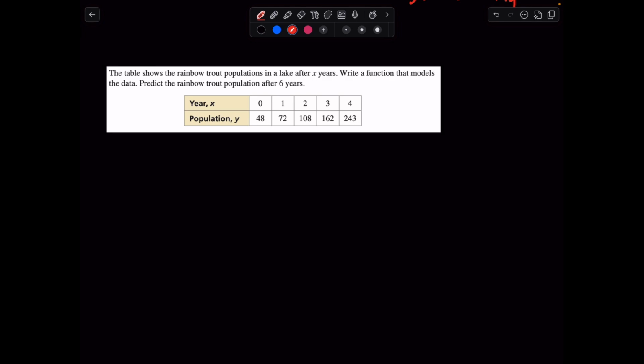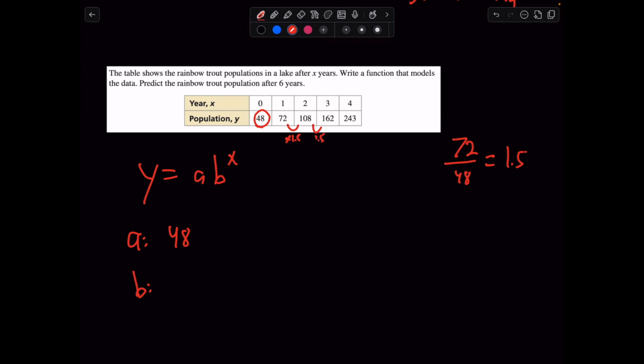Pause the video, find your function and the number of trout after 6 years, and then come back to the answer. All right, so we have y equals a b to the x. A will be 48, because that's our starting point, our 0. To find b, I'm going to go ahead and divide. If I take 72 over 48, that's going to give me 1.5. And each one of these is times by 1.5, times by 1.5, so on and so forth.